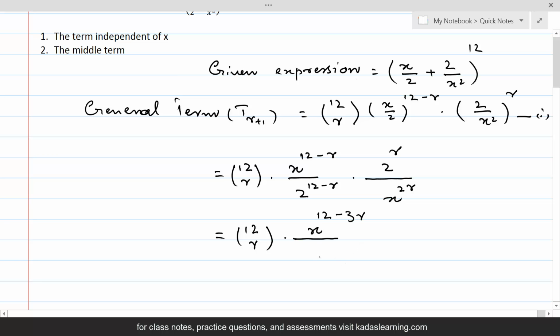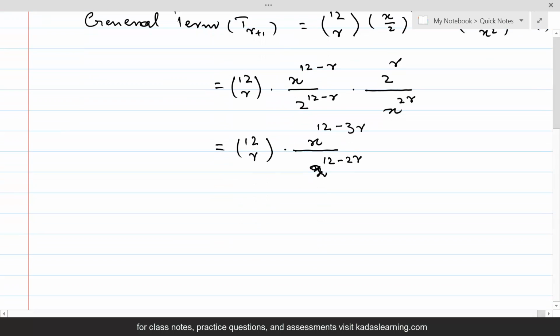In the denominator we have 2^(12−2r) for the same reason. We will call this equation 1, because this is in a more simplified form.